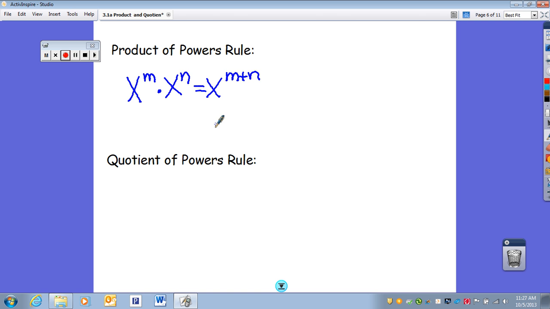I don't always have to write it out in expanded form. Remember, we must have like bases, and the rule is that you're going to keep the base and add the exponents.